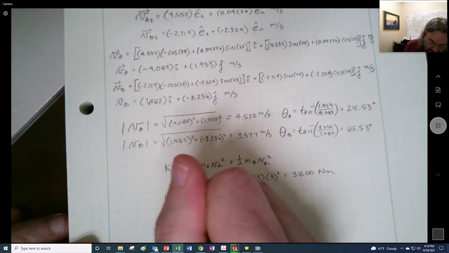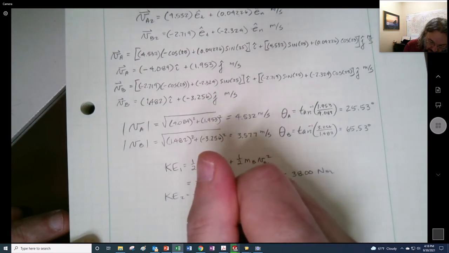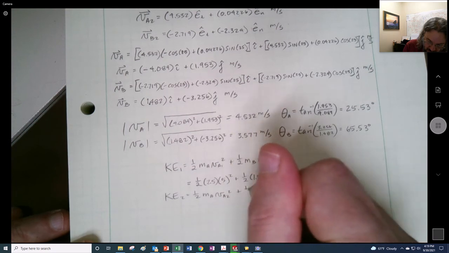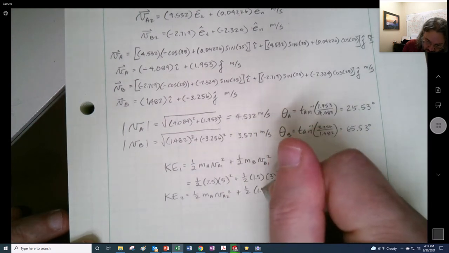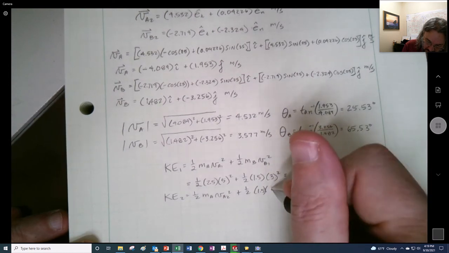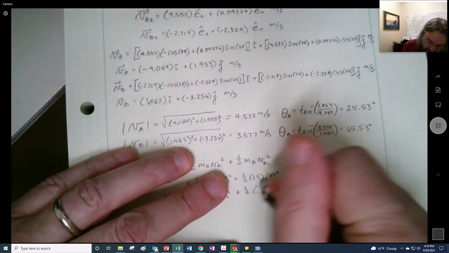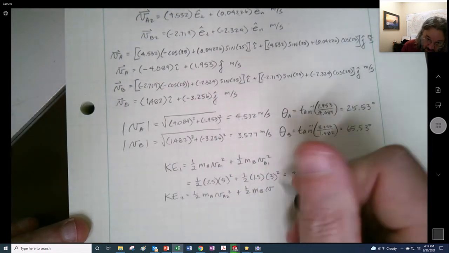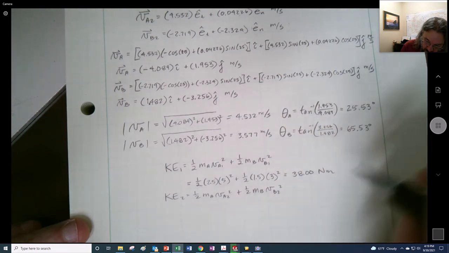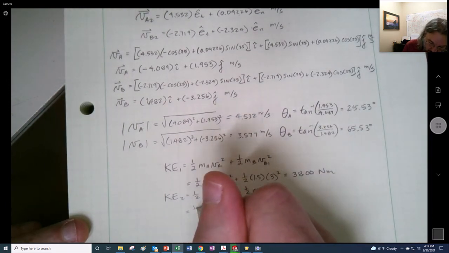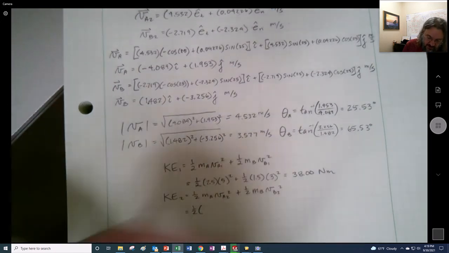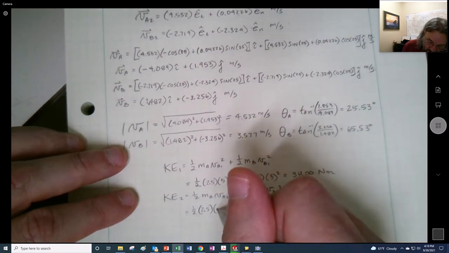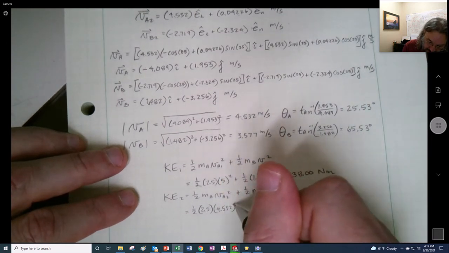And then my KE2, 1/2 MA VA2 squared plus 1/2 MB VB2 squared. I'm writing the thing out, it's going to be thorough. And there's a little bit more work to be done here. 2.5, and here is going to be the 4.532, because it's the total kinetic energy, right?